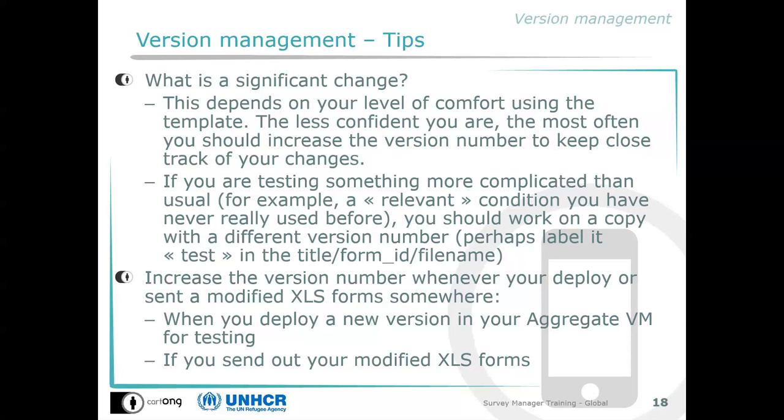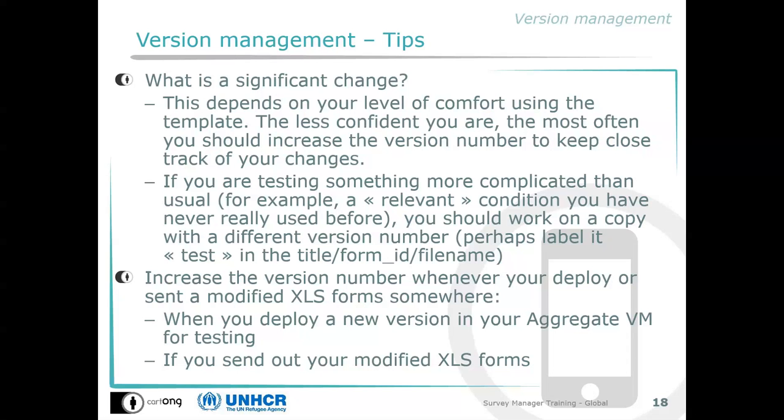If you are just testing for yourself, then of course you could be a bit more relaxed about it. Just because you're changing the label doesn't necessarily mean that you have to change the full version number. But as soon as you really add something more complex to the structure, like you're changing a relevant condition, you add a question, you just want to try out something, and you're not quite sure whether it works out, it does make sense to change the name and the version number.